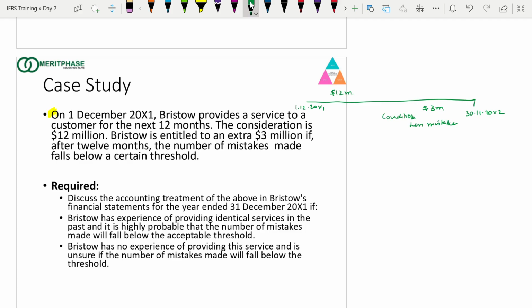First tell me what we have to do. First, we'll record the 1 million in December.